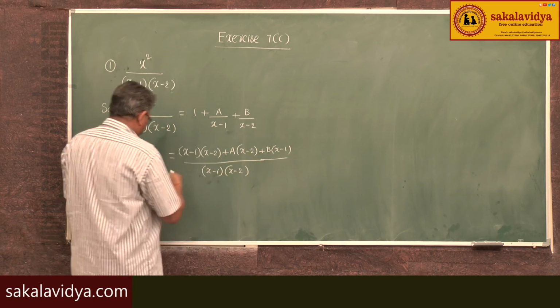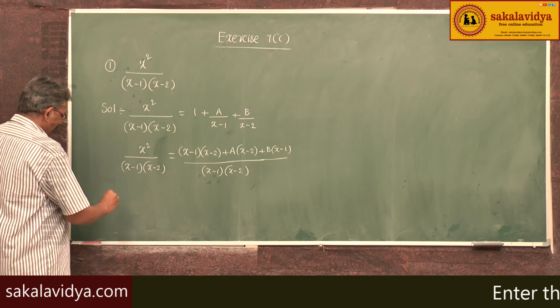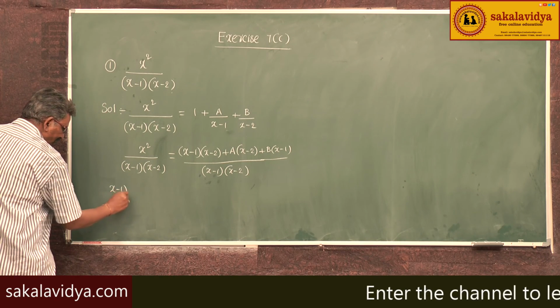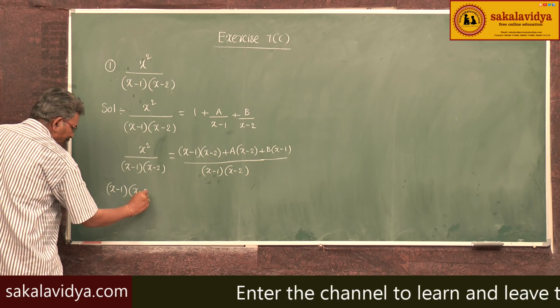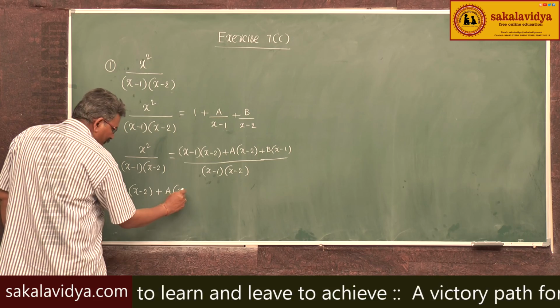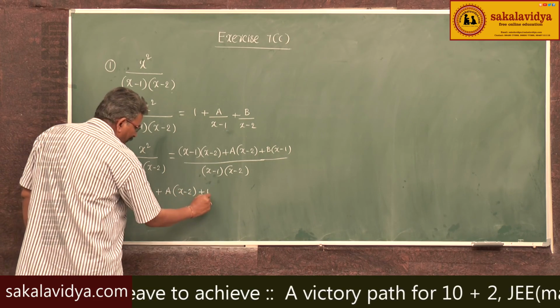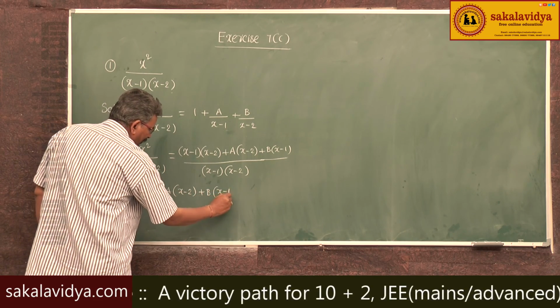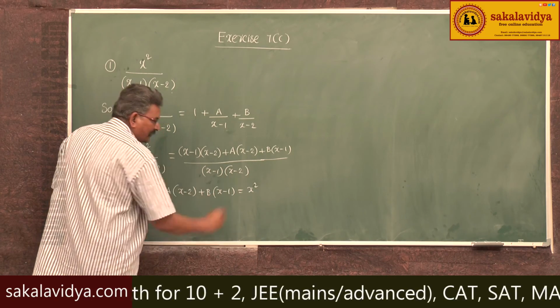Now, this gets cancelled. We have x minus 1 of x minus 2 plus a of x minus 2 plus b of x minus 1 equals x square.